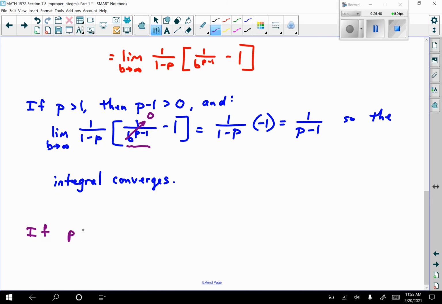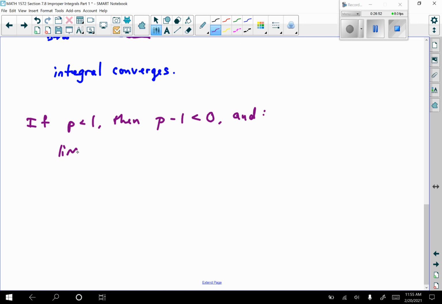If p is less than 1, then p minus 1 would be negative, and the limit as b approaches infinity of 1 over 1 minus p times 1 over b to the p minus 1 minus 1. So let's take a look at this part right here.